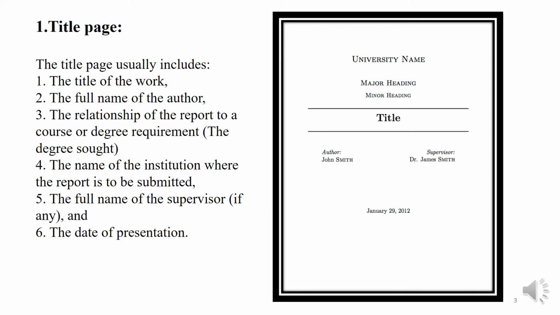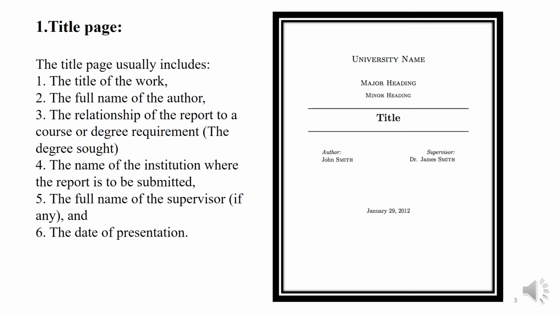The title page, as it is shown in front of you, usually includes the title of the work, so the title of your paper or your research, also the full name of the author, which is you, and also the name of your supervisor, and the relationship of the report to the course or degree requirement, and this is included under the title.